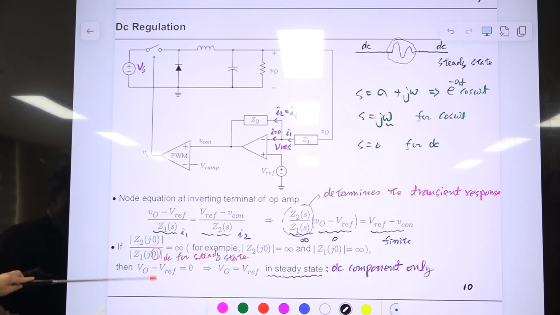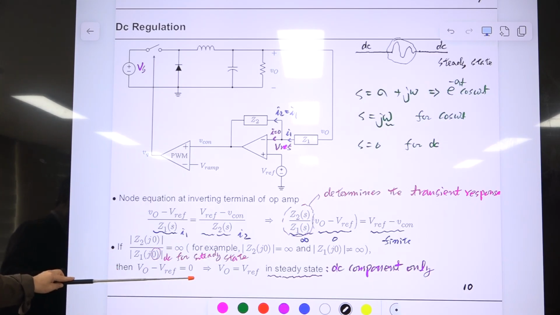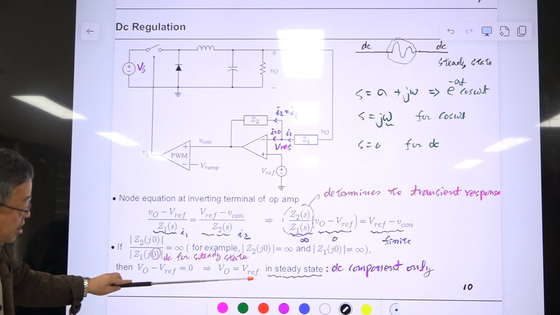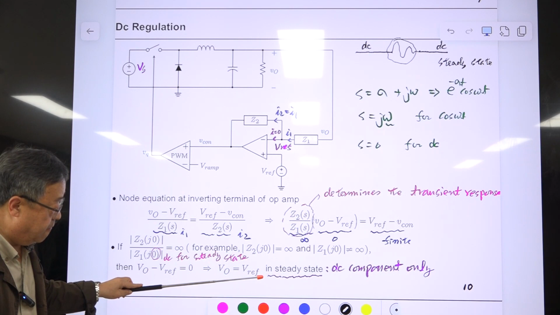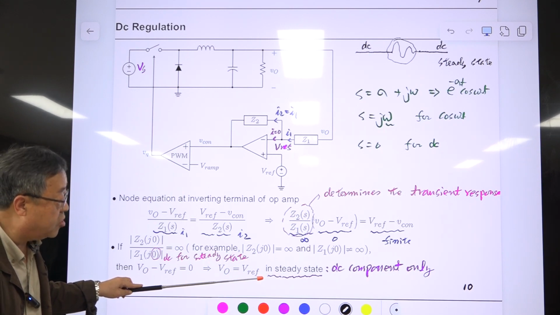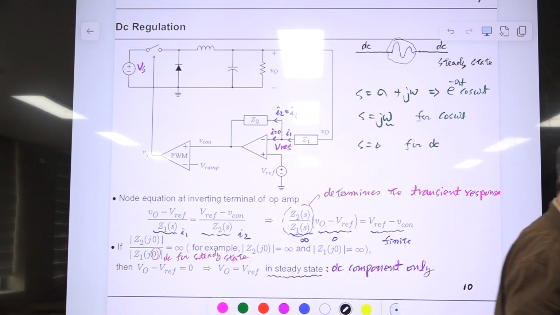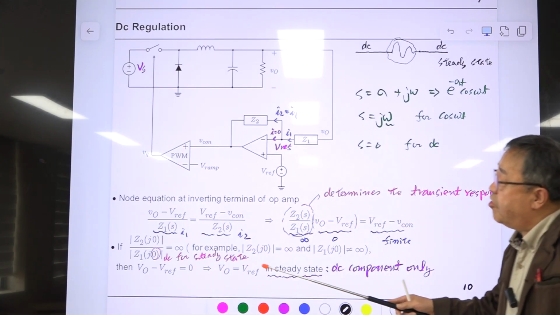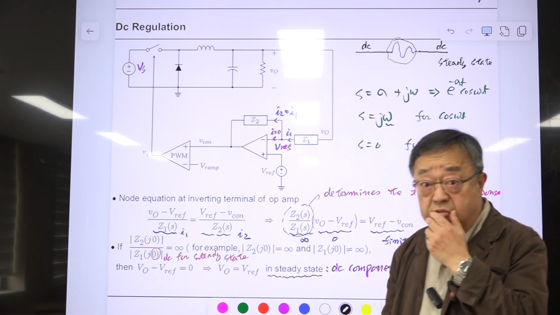That is the reason why you are considering the magnitude of this one and this one at j0, at DC. Then if this condition is satisfied, they must be 0. This means the output voltage always returns to this desired voltage V reference in steady state. So we are considering only the DC component. The condition is evaluated at zero frequency, which is DC.